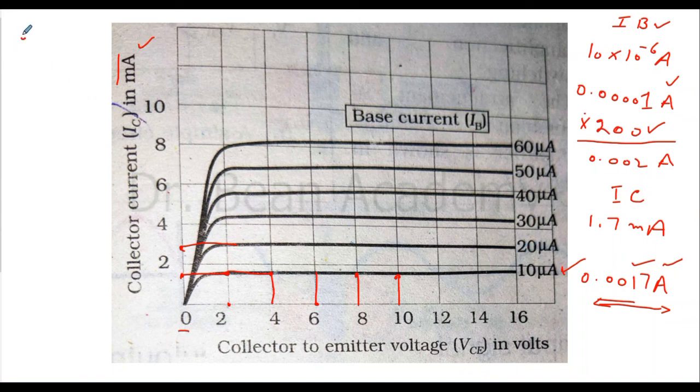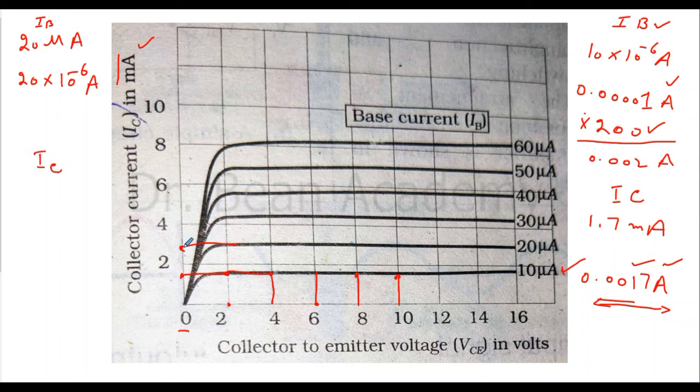If you want me to give the idea, 20 microampere is 20 into 10 power negative 6 ampere, and this is your current from the base, and here is the current from the collector.